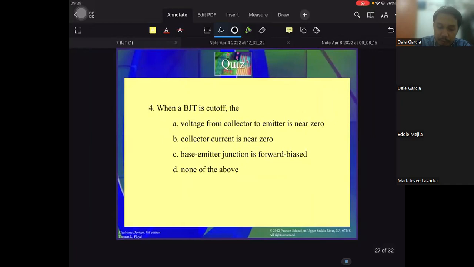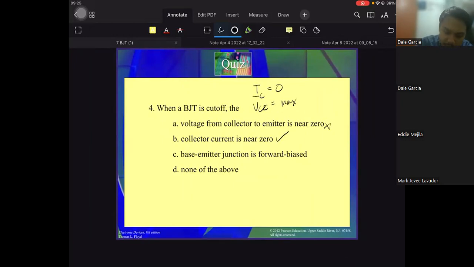When the BJT is cut off, IC is equal to 0 and VCE is equal to maximum. Voltage from collector to emitter is near 0? No, this is wrong. Collector current is near 0? Correct. Base emitter junction is forward biased?